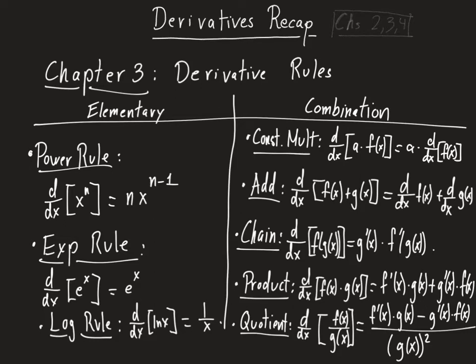Okay, I know that this is a pretty crowded table and a pretty crowded screen, but these are the, I guess, 8 rules that we covered in Chapter 3. You all need to know every single one of these rules, know how to make them work for any given problem, know how to pick which ones you need by looking at a problem, and you should hopefully all get to the point where you're comfortable doing all of the above.